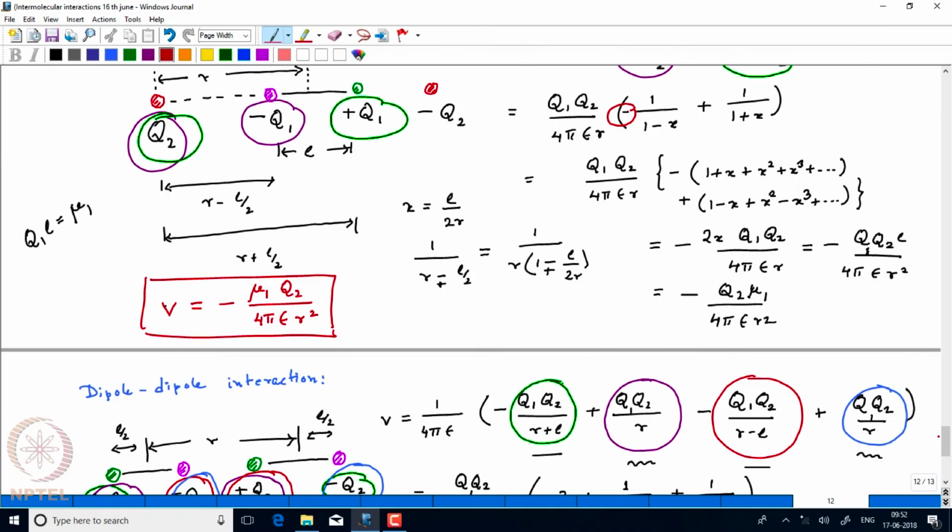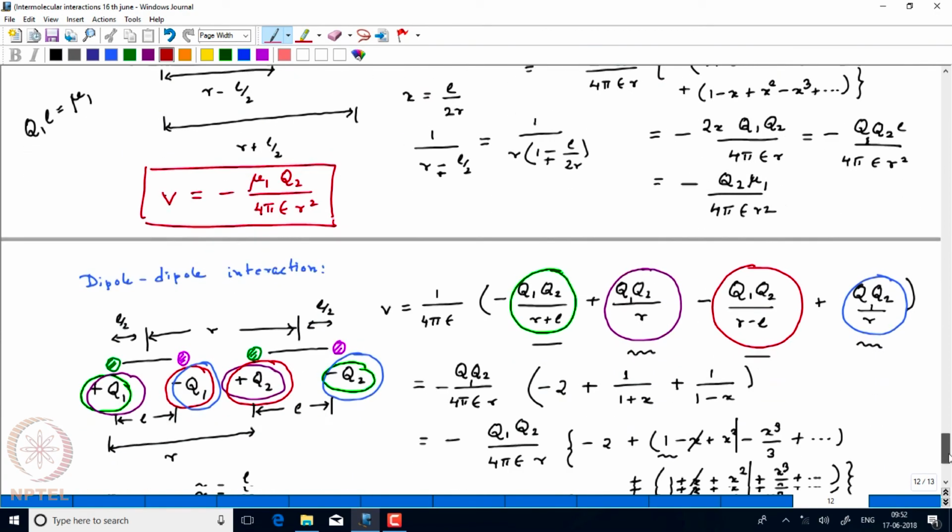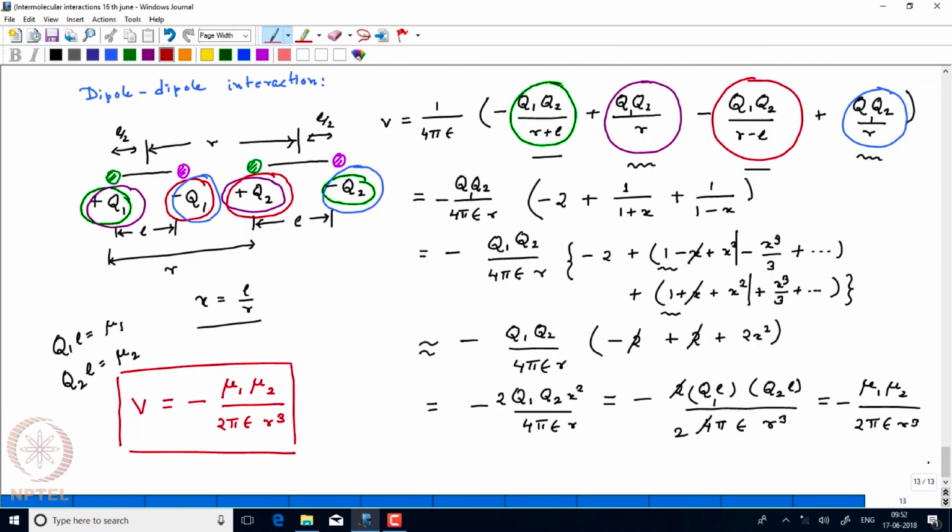And then if it is between a dipole and a charge, we see that it goes as 1 over r square. And if it is between two dipoles, it goes as 1 over r cube. So thus we see basically how the interactions are, if I increase the polarity of this multipole, how the interactions are going to look like.